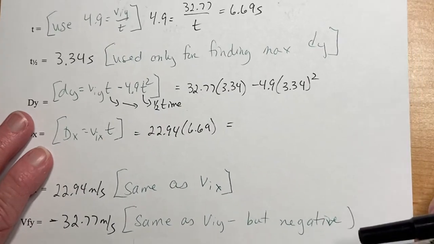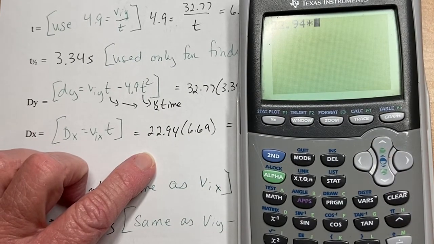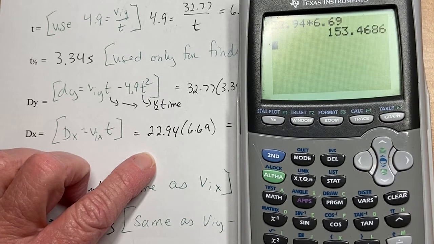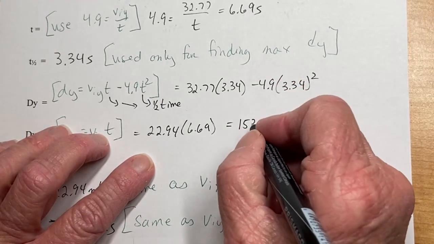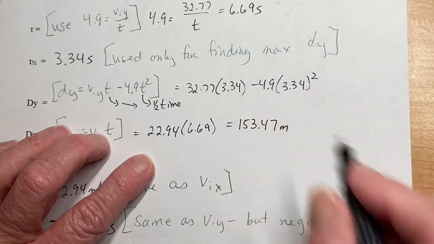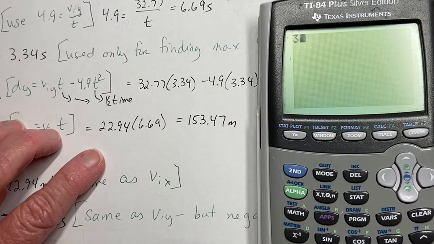All right, so let's figure those out. I'm going to do the second one first. 22.94 times 6.69, 153.47 meters. I'm going to do the next one in stages. 32.77 times 3.34.